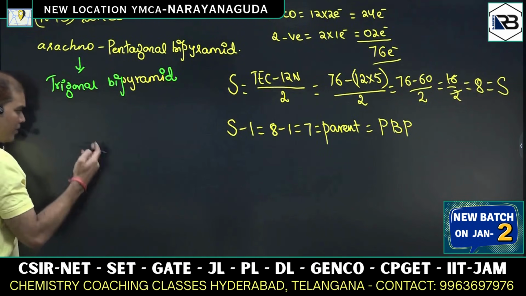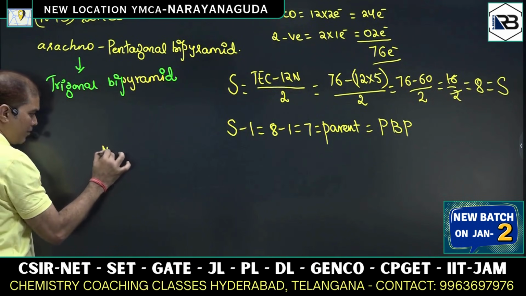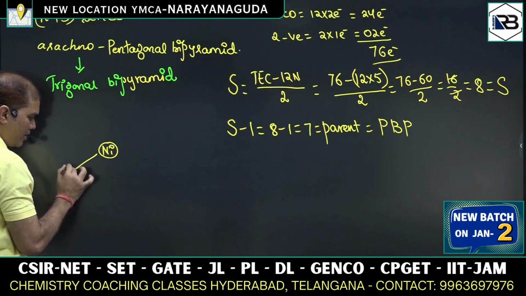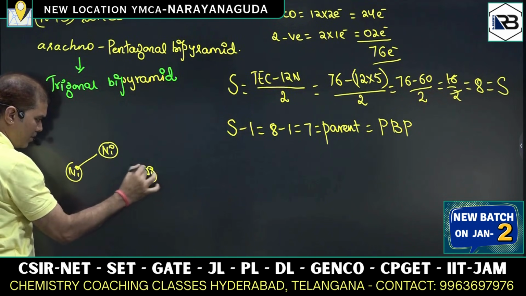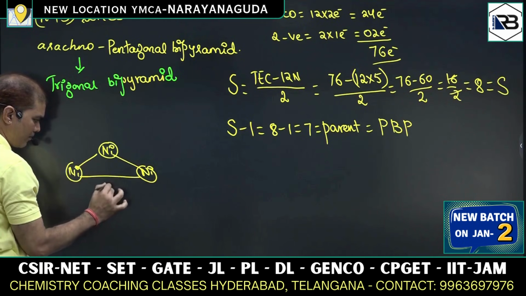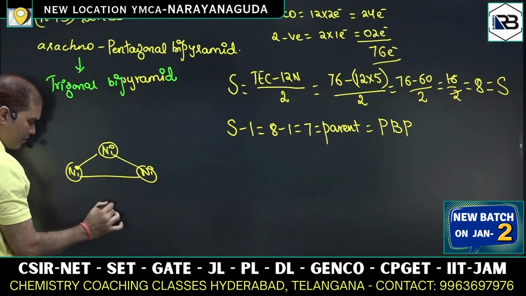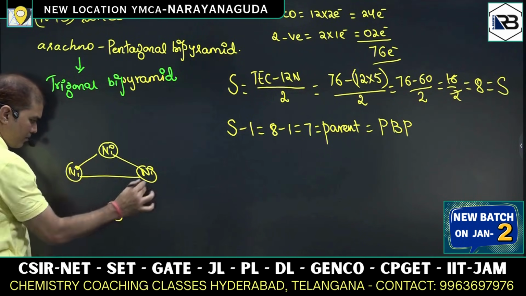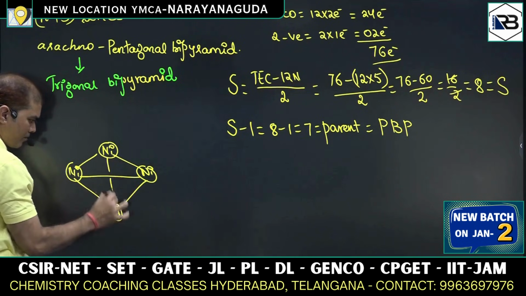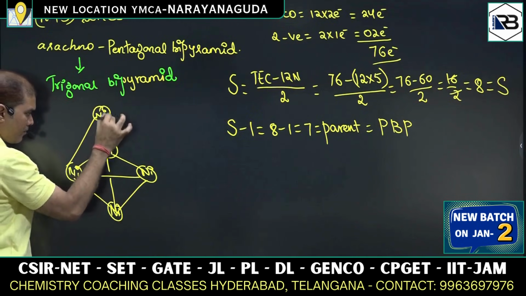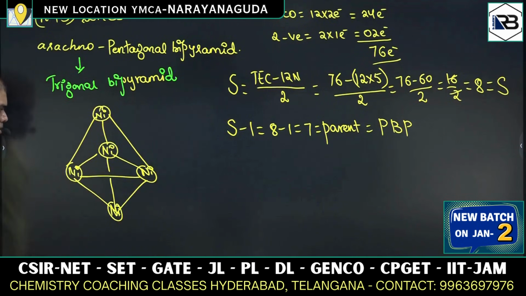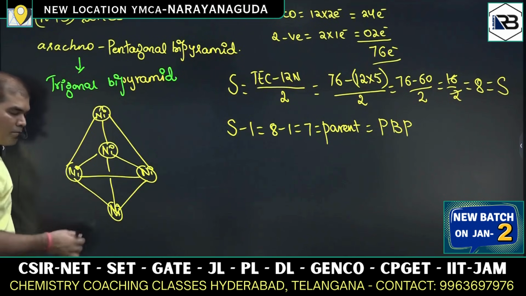I'll just draw. You can get it in the exam, where they can ask you how many bridging carbonyls and how many terminal carbonyls are present in this nickel carbonyl. Well, this is the skeletal structure, trigonal bipyramidal.